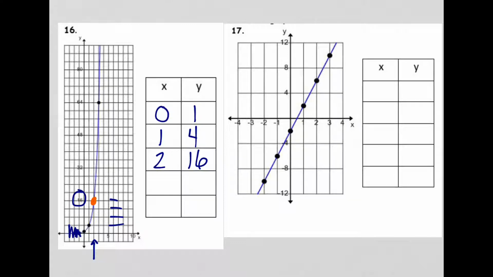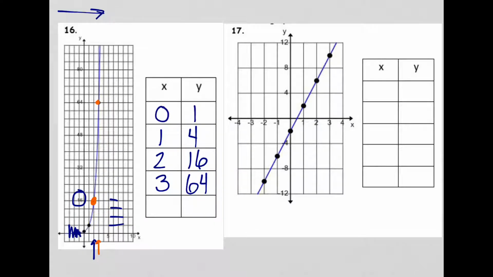And then the next dot is when x is 3 and y is 64. Just by filling in the table, always move from left to right, and you'll be okay. We got 0, 1, 2, 3 going down.